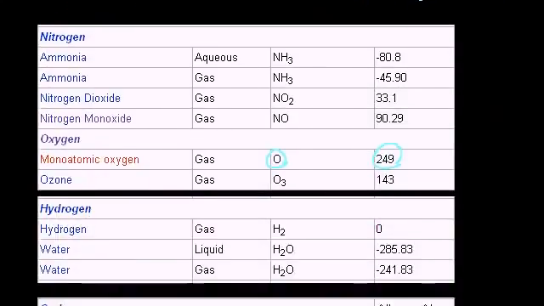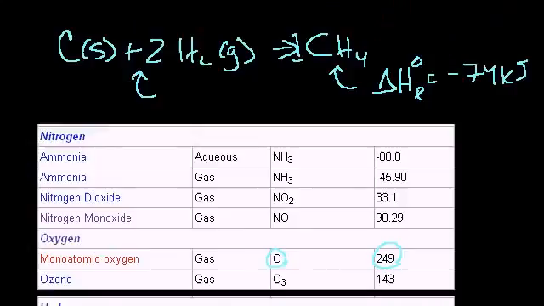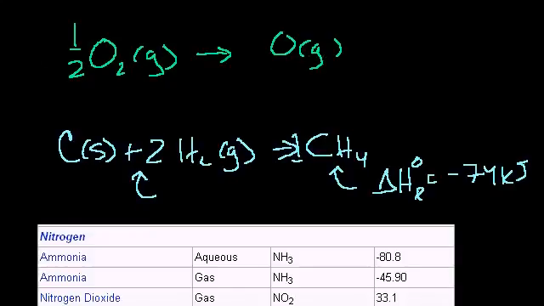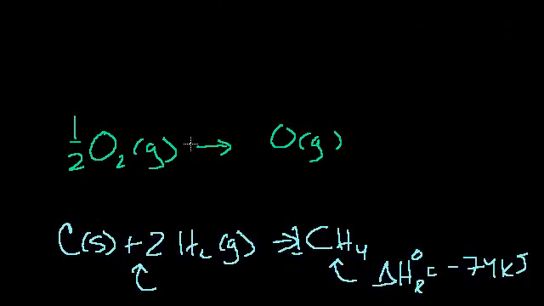This tells us that this state has more potential than this state. And in order for this reaction to occur, you have to add energy to it. You have to put the energy on the other side. So you would put a plus, so right here, you would have to say plus 249 kilojoules.